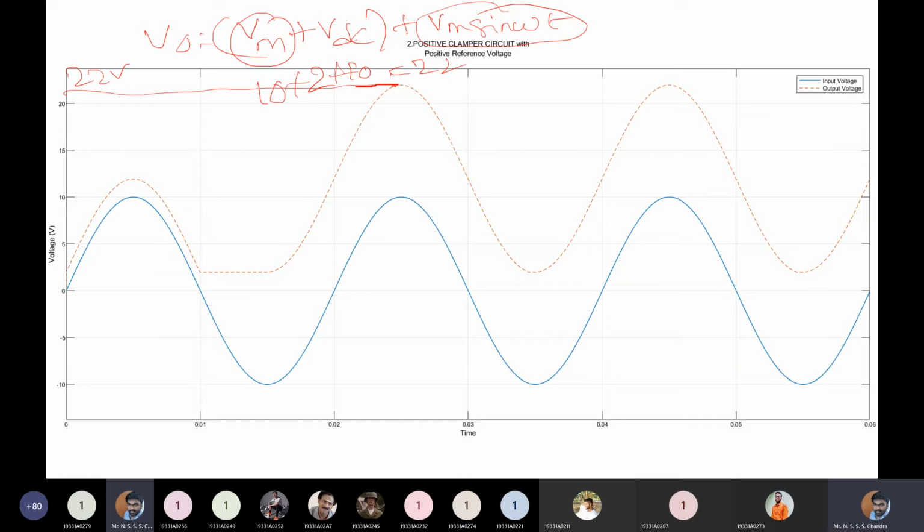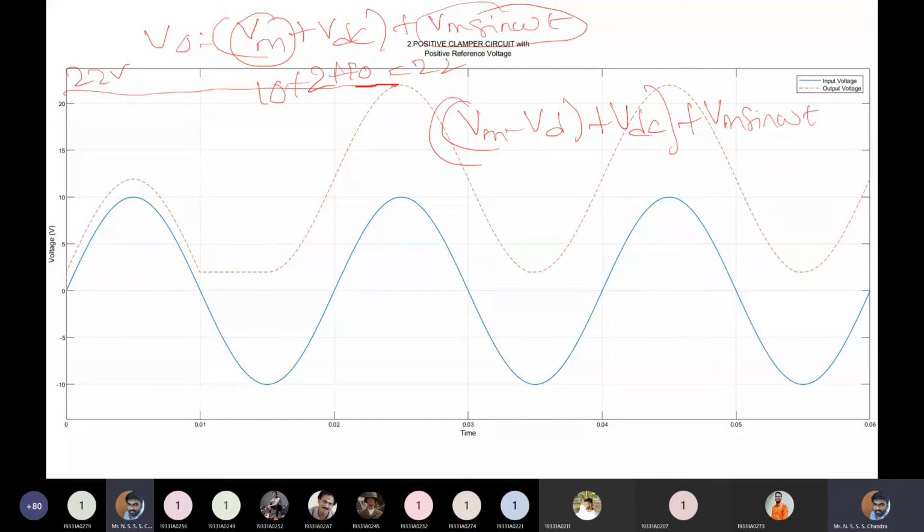In case I consider a practical diode, then the output would have been Vm minus VD plus VDC plus Vm sin omega t.